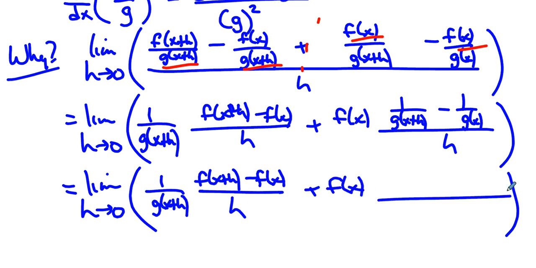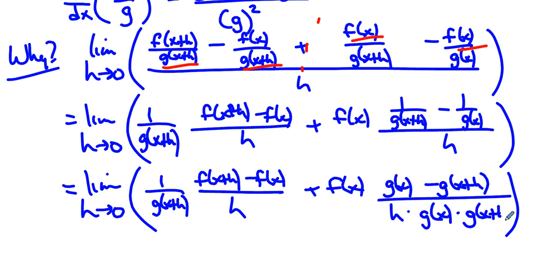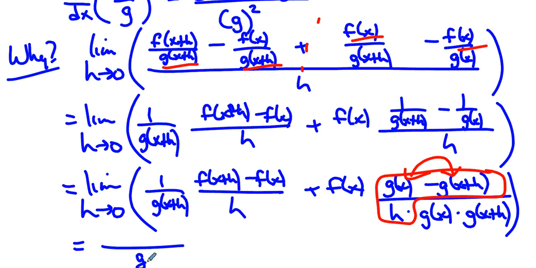We got to do a little bit of work with fractions. If we turn this complex fraction into a regular fraction, we get g of x minus g of x plus h over h times g of x times g of x plus h. This part is the negative of the derivative of g, and that's the important piece. This part goes to over g.